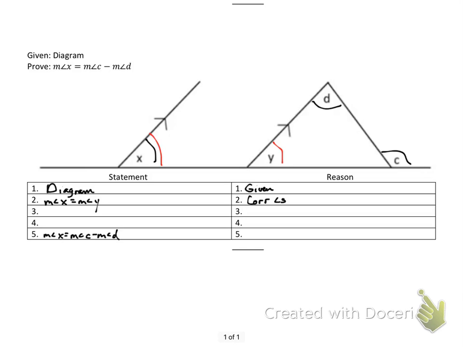The next thing you noticed was exterior angles of a triangle. Okay, so we've got exterior angle of a triangle, and tell me what this equation is going to look like now. Measure of angle Y plus the measure of angle D equals the measure of angle C.